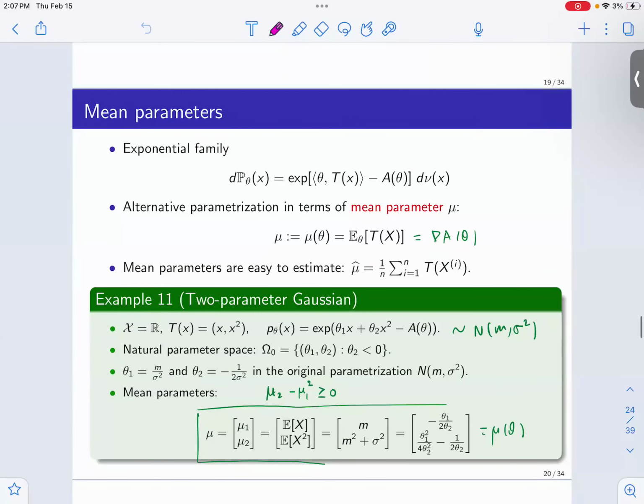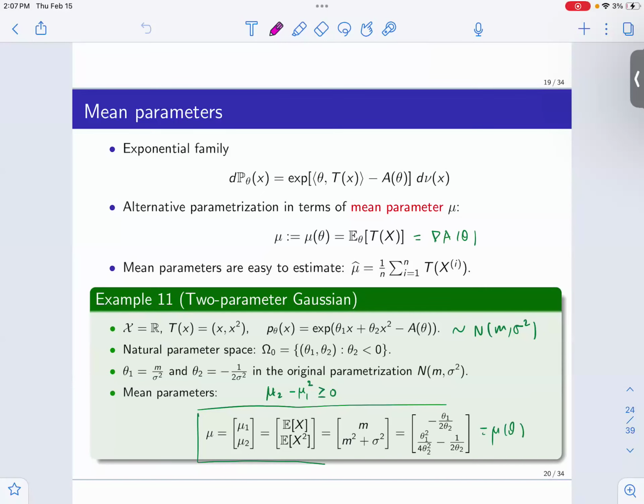So we had this canonical exponential family, and the idea is that there is a mean parameter, which is an alternative way of parameterizing the model. Given the canonical or natural parameter, the mean parameter is the expectation of T of X, which gives me a new set of parameters.